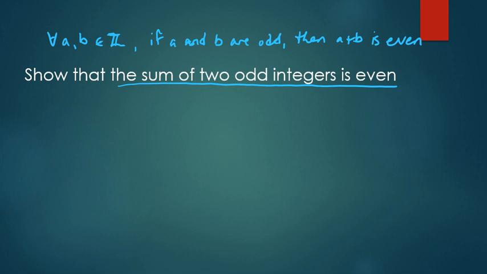So we're not specifically picking, say, 5 and 7 or 13 and 21.